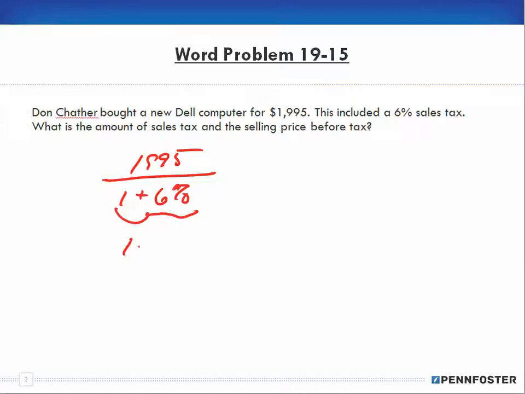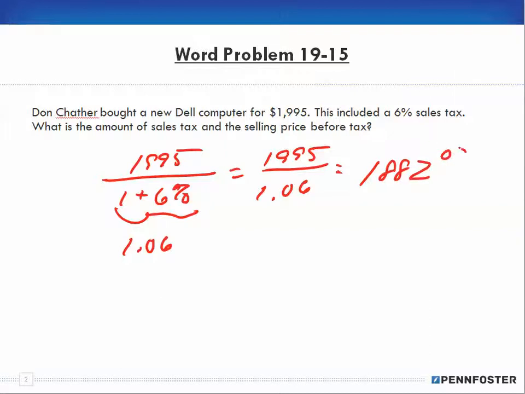This ends up being 1.06, so it's $19.95 divided by 1.06, which gives you $1,882.08 as my actual sales.